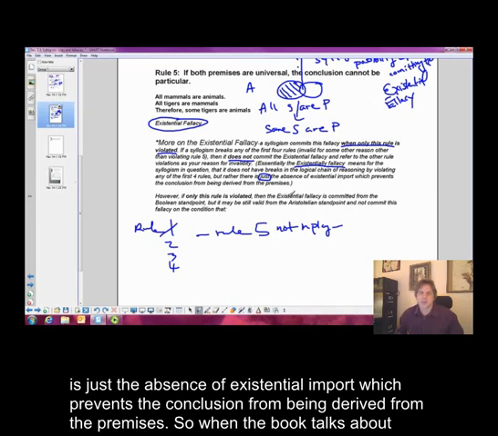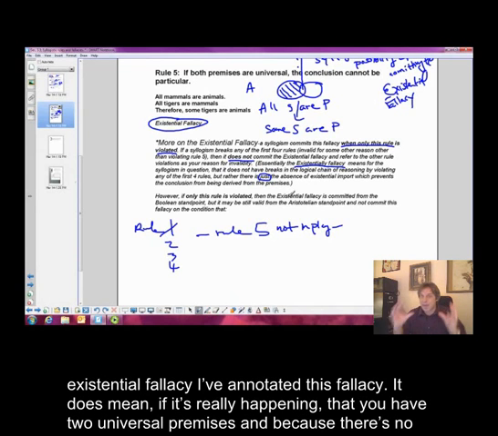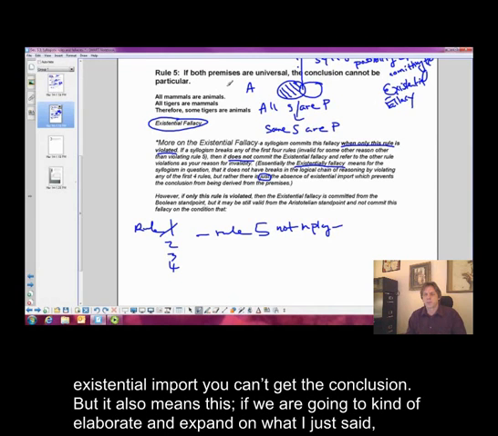So when the book talks about existential fallacy, I've annotated this fallacy. It does mean, if it's really happening, that you have two universal premises, and because there's no existential import, you can't get the conclusion. But it also means this.